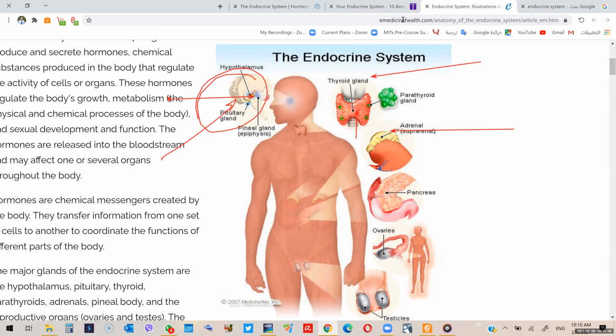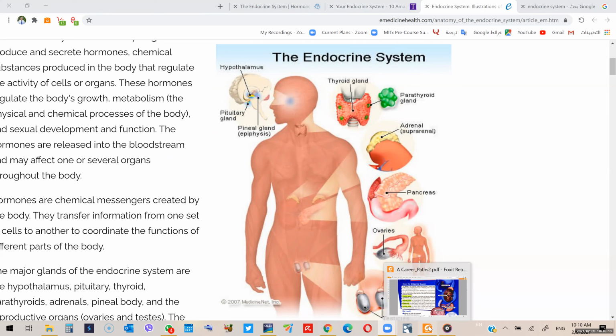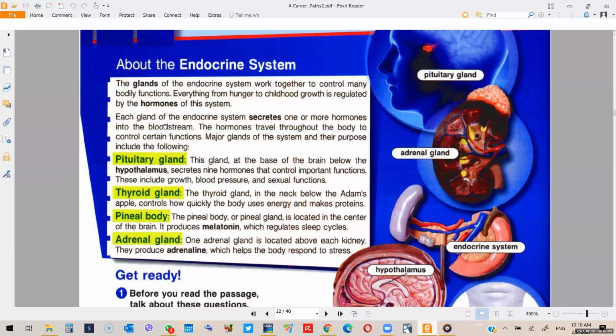Now we are going to the passage. We are going to read the passage again. And we are going to deal with the vocabulary of the topic today.